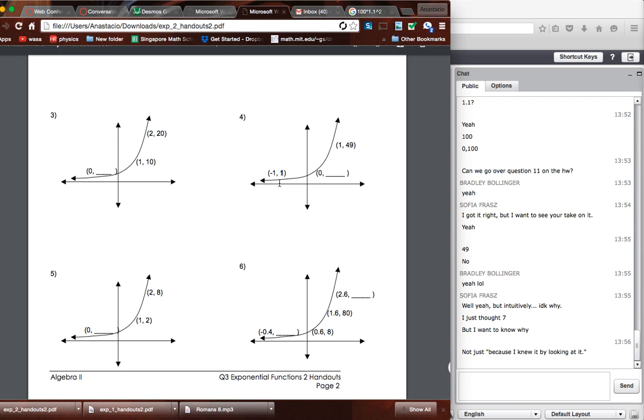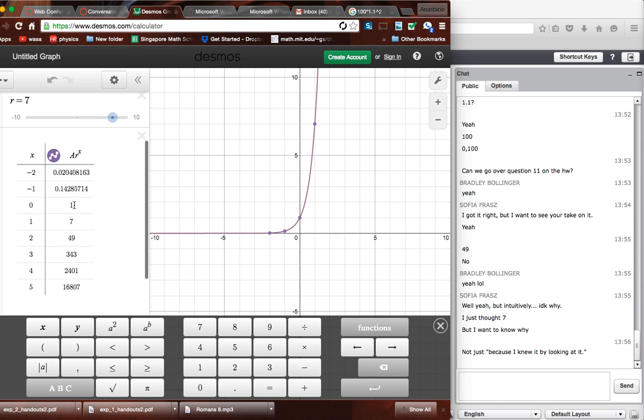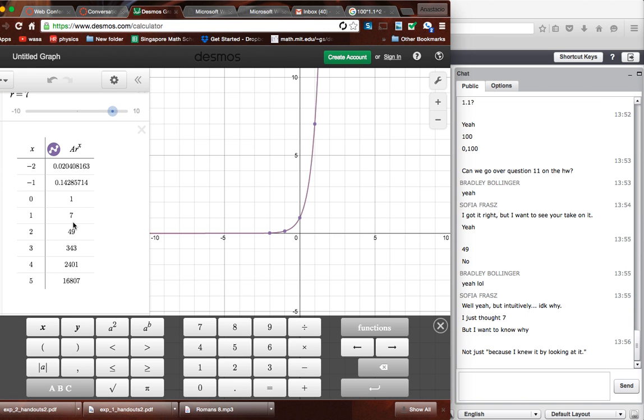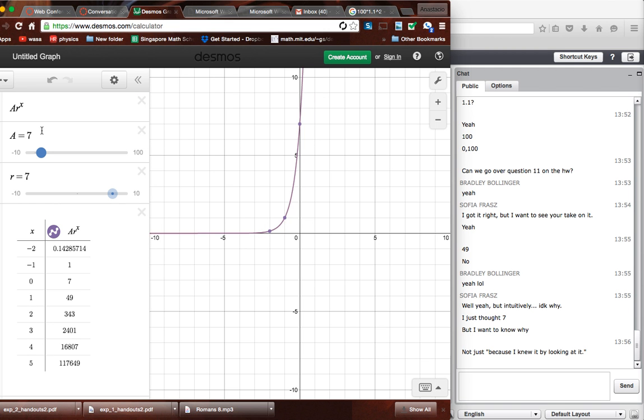At 1, you get 49. At 2, so our graph is a little bit off. Our graph needs to, see, if I set A up, then it actually brings our graph up. But if I bring A down to a fraction, let's see, I'm going to go between 0 and 2.